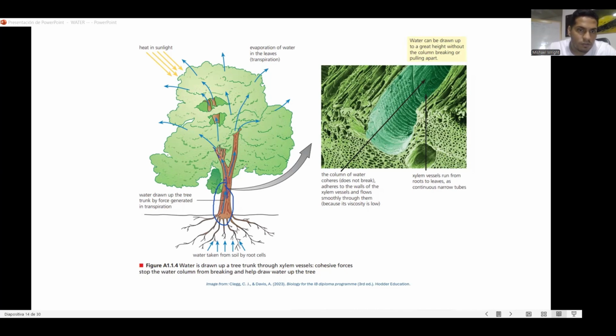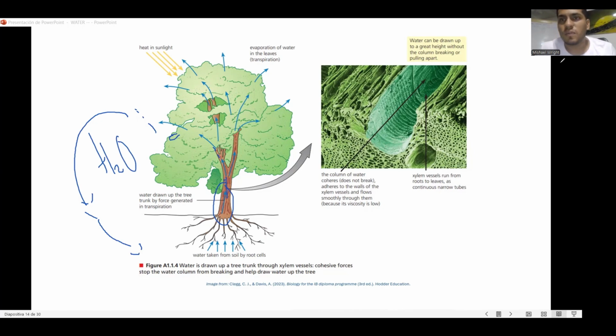Those water molecules, using the cohesive forces, reach the leaves. When they reach the leaves, they undergo transpiration, completing the water cycle.